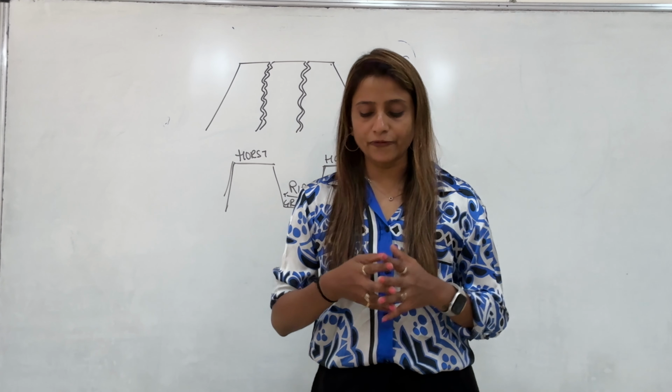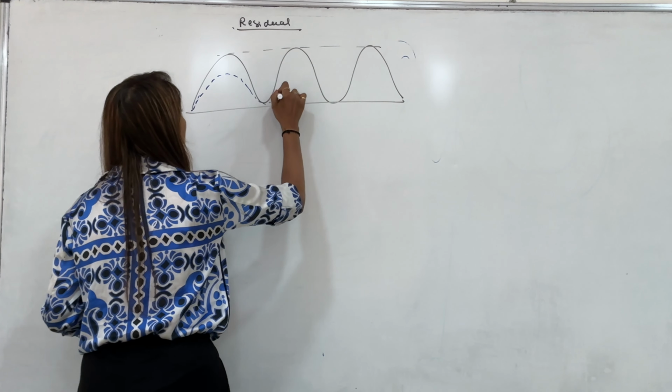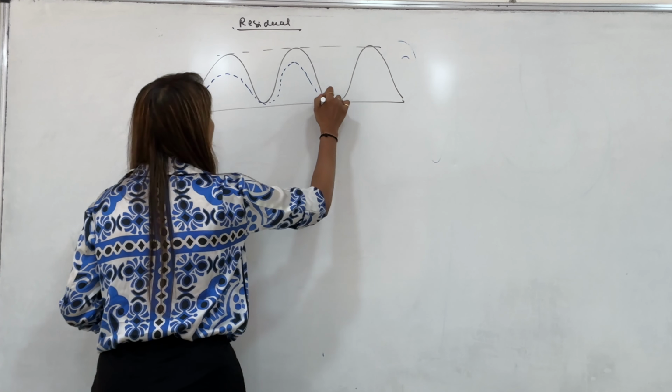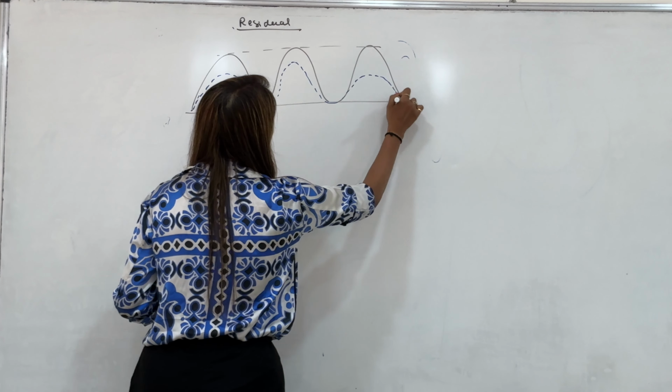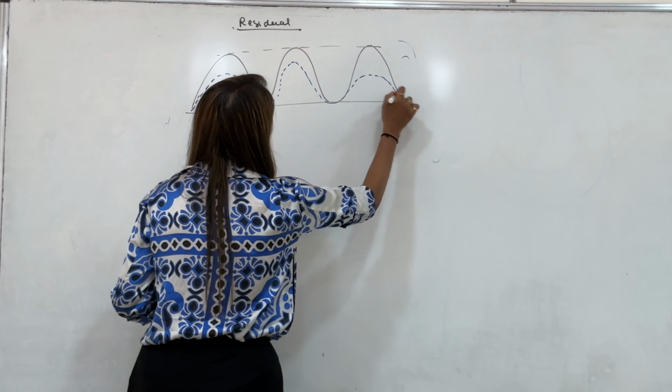Now some of the rocks of this mountain are less resistant. It means they are quite soft. They get eroded easily. So those areas got eroded, and now only this much part, which is strong and more resistant, is left over.